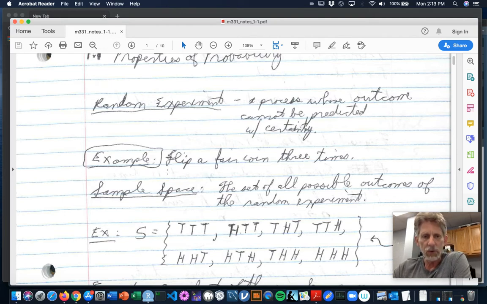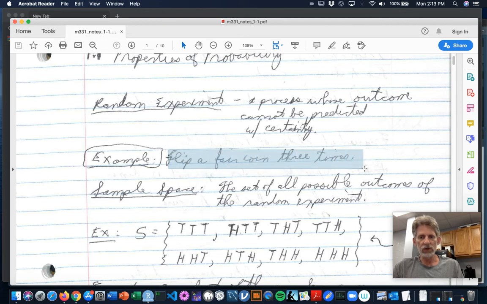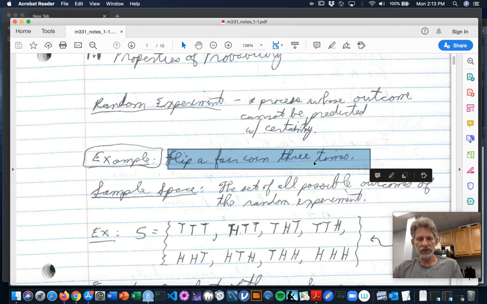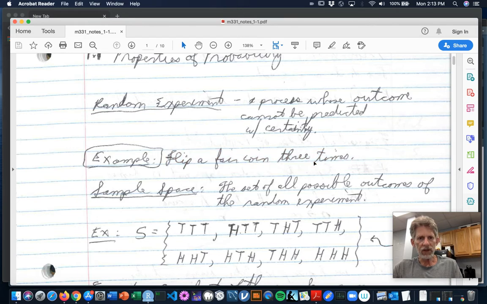So for example, an example of a random experiment would be flipping a fair coin 3 times, because you can't predict with certainty how those flips will land up, heads or tails.